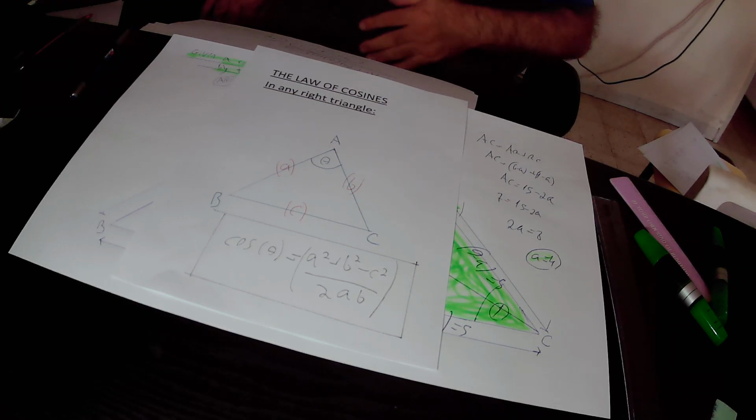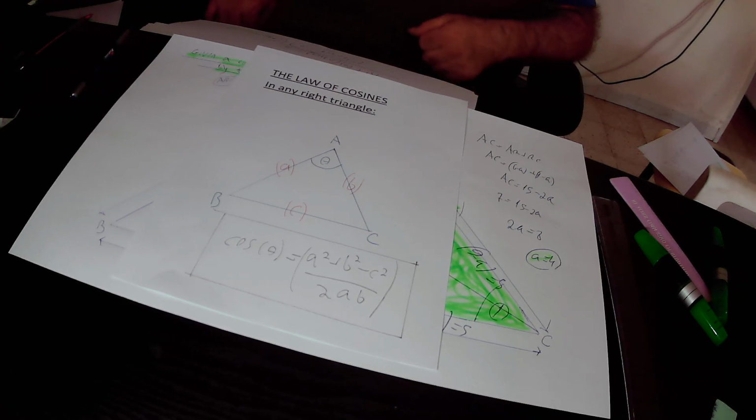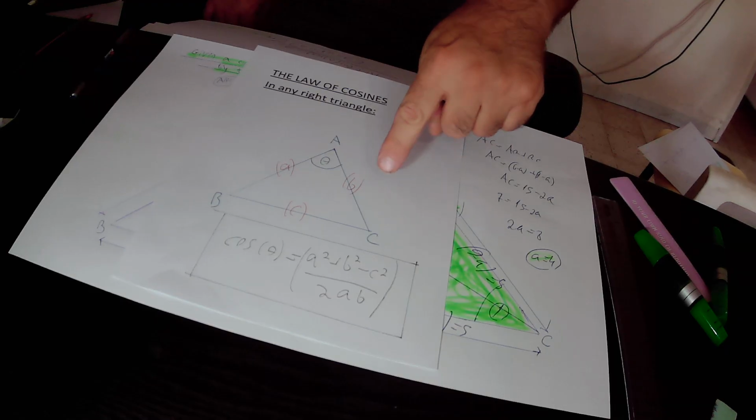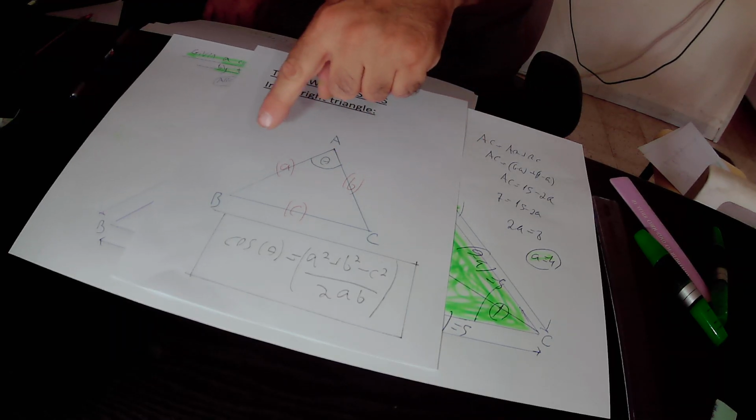This is triangle ABC that could be any triangle. AB equals c, AC equals b, BC equals a, angle BAC equals theta.